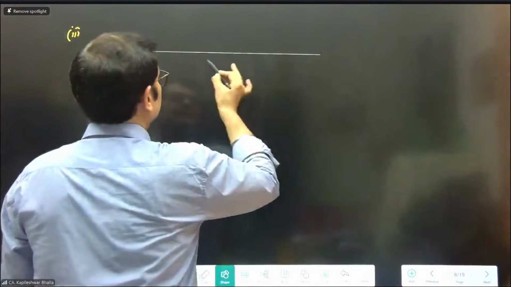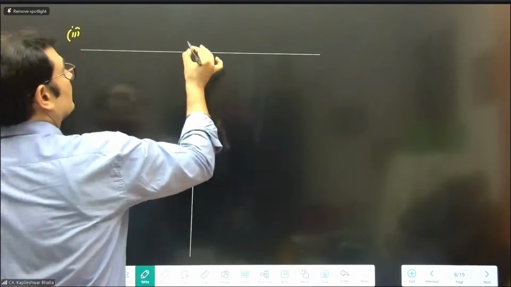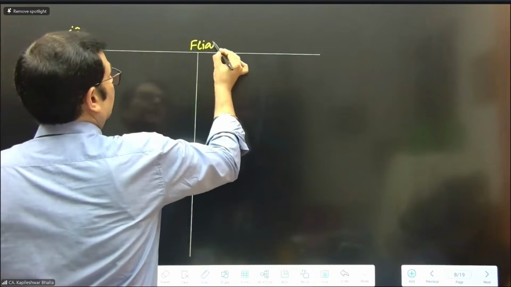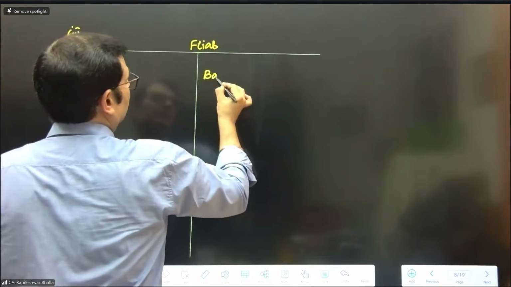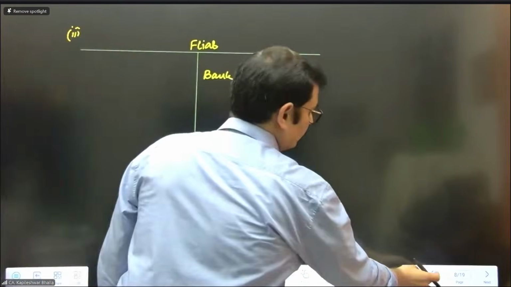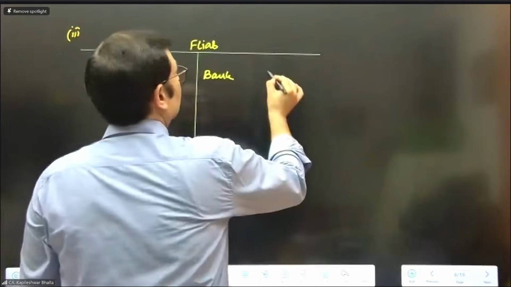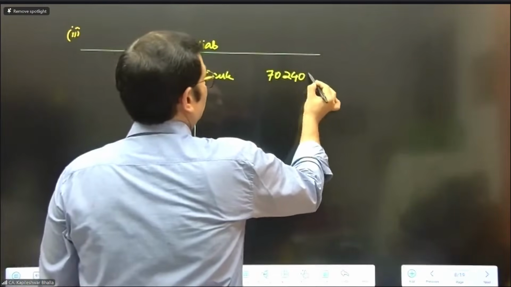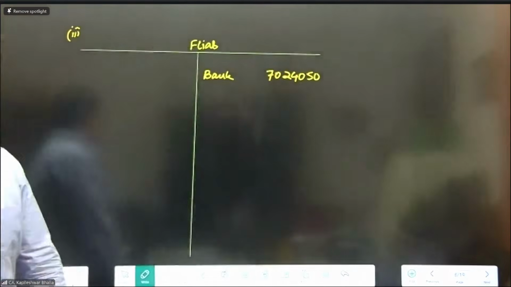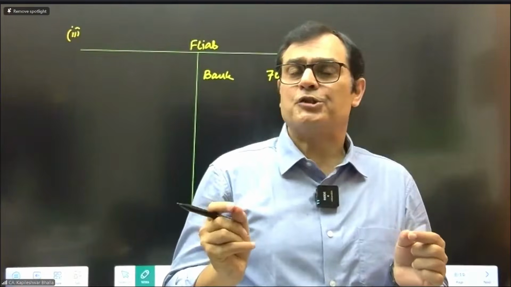So let's go to the second requirement of the question and make a ledger account for the financial liability element. Let's put the entry: bank. The liability element is 70 lakh 24,050. That is the amount. Now you are going to consider the finance charge.